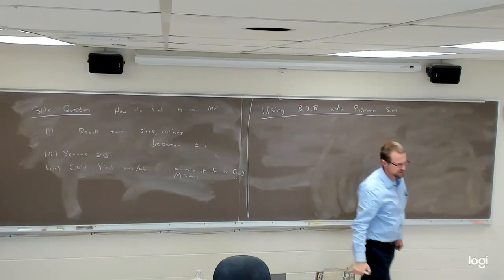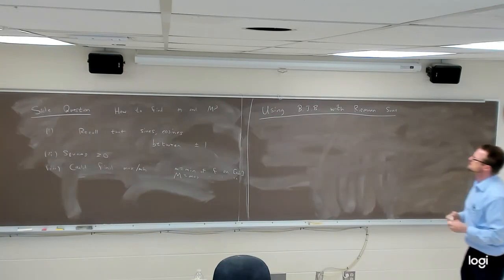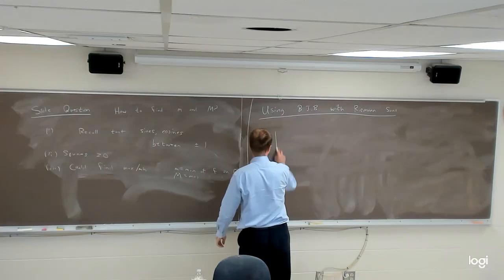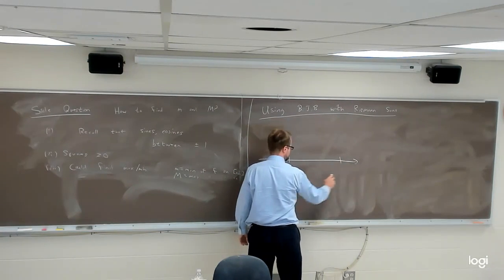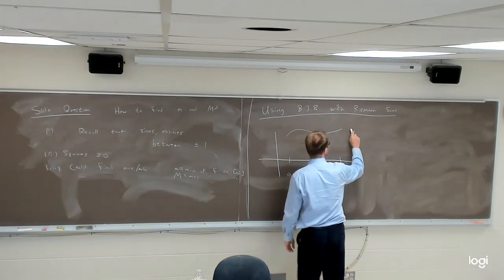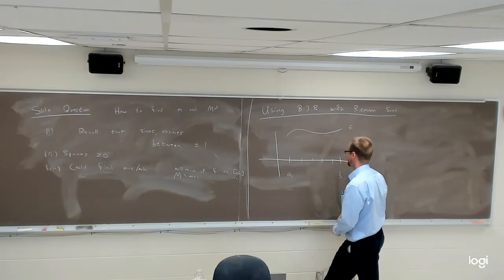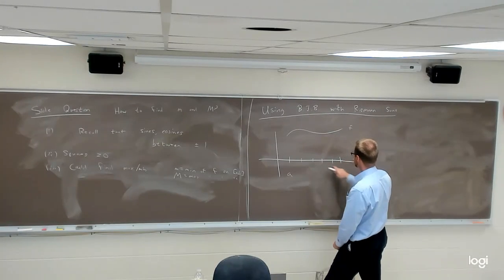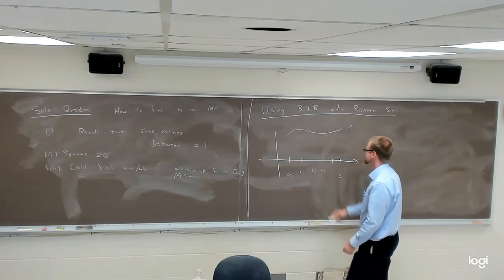There's an idea that I'm going to follow here for a few minutes. It's going to turn out to run into some snags in general, but then there are going to be special cases where it works. So let's suppose that I have my Riemann sum picture. So a, b, I have my function, and I'm going to chop it up with some partition points. And so I have all these subintervals, x2, x3, and so on.